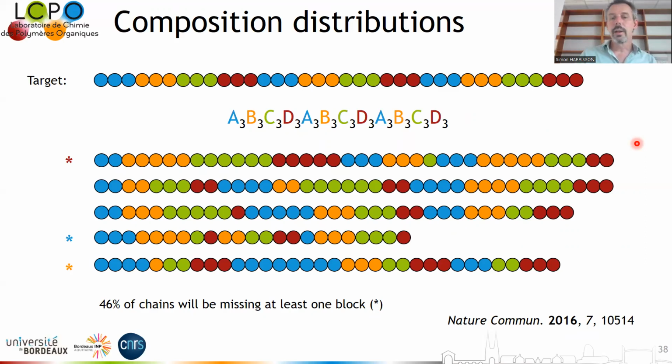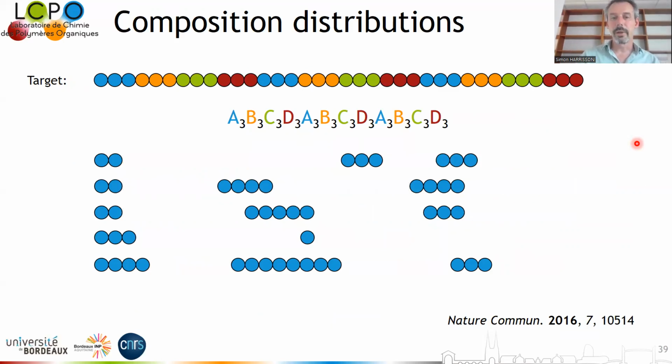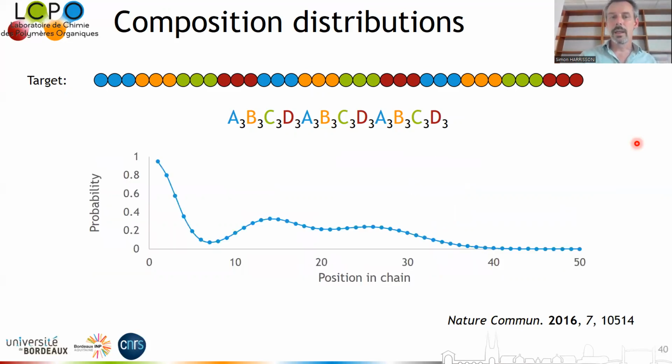We can also then look at the distribution of individual monomers within each block. So for instance, looking at how monomer A is distributed across the whole polymer, we can generate probabilities as a function of the position in the chain for this monomer.